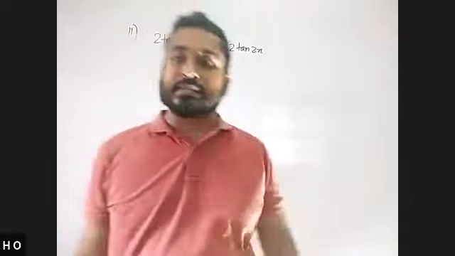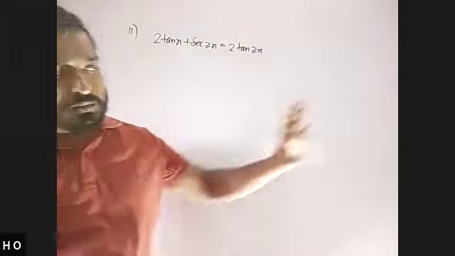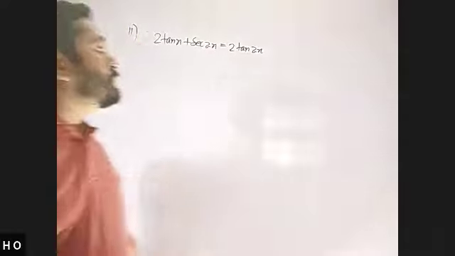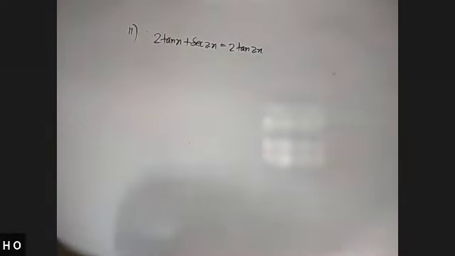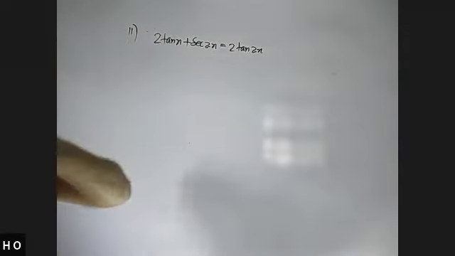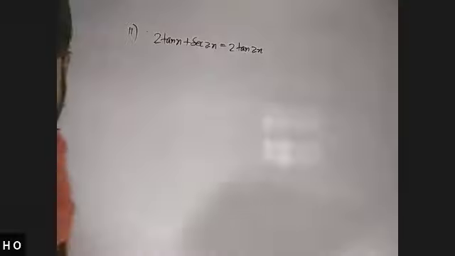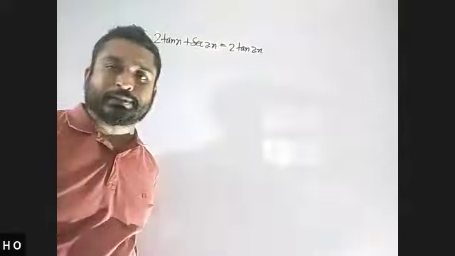You have to decide at the start whether you continue with tan or change this into sin and cos. If we continue with tan, you have to convert this tan, and sec 2x is going to be 1 over cos 2x.